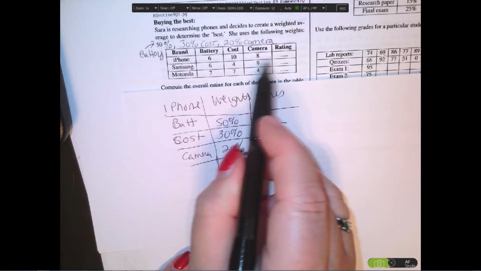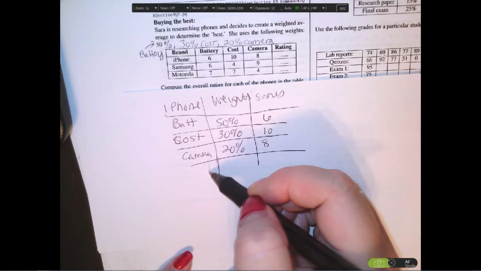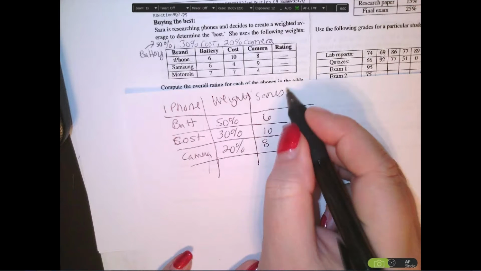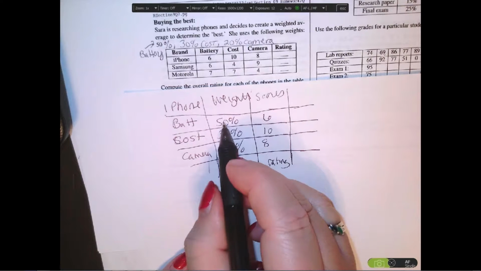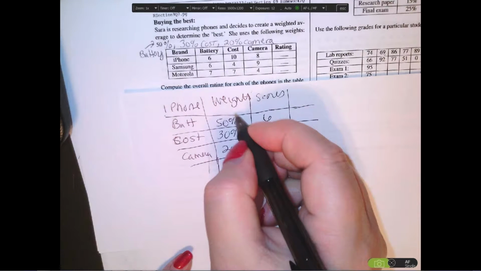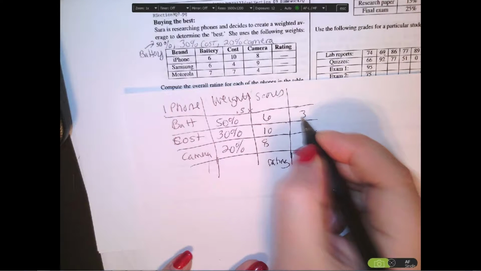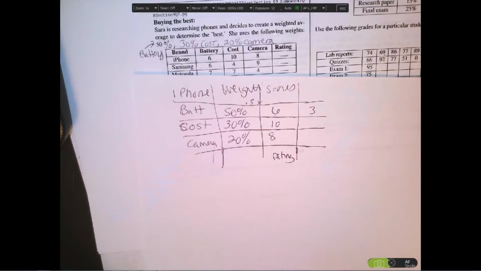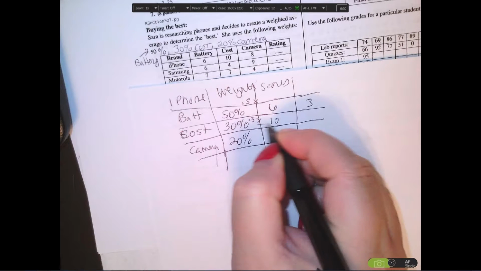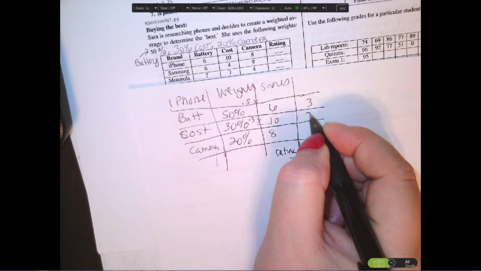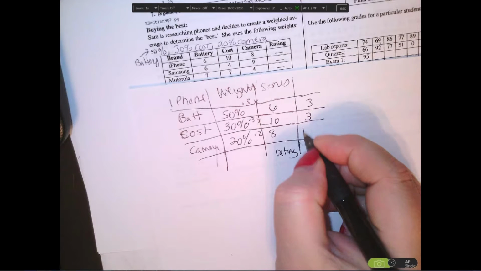So I'm just taking this first line and pulling it out just to show you and figuring one at a time. So what would its rating be? We have to do 50% times 6. 0.5 times 6 is 3. 0.3 times 10 is 3. 0.2 times 8 is 1.6.